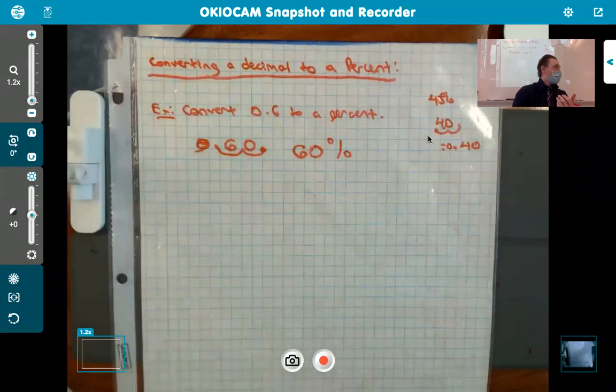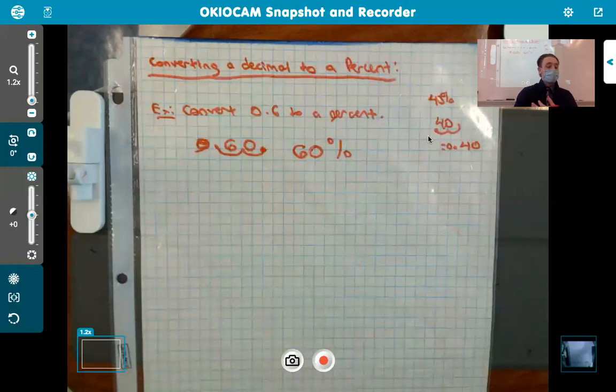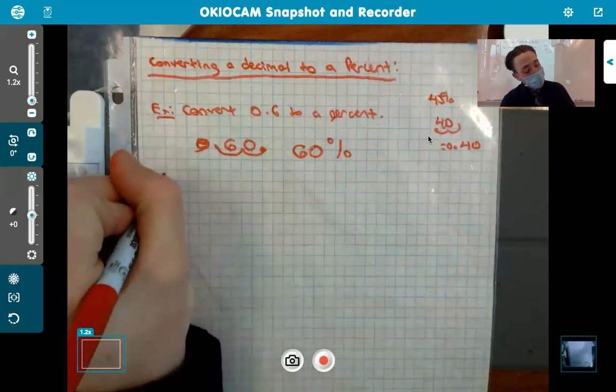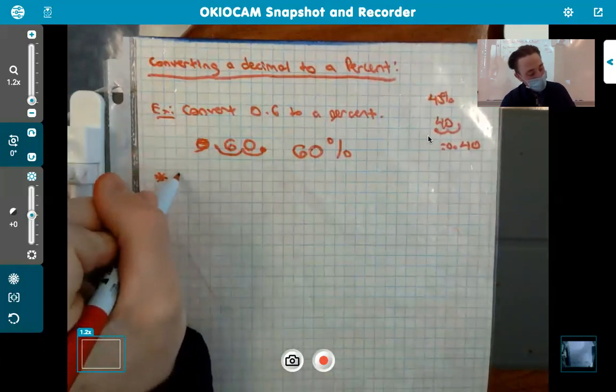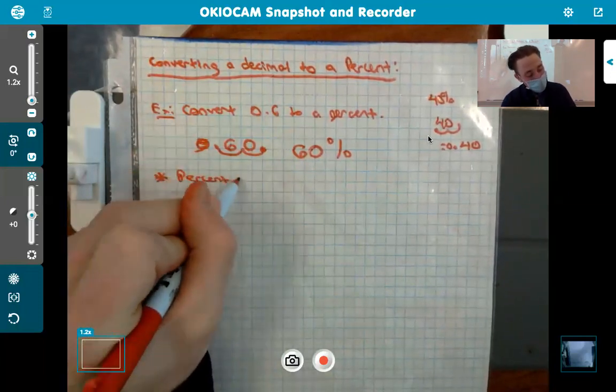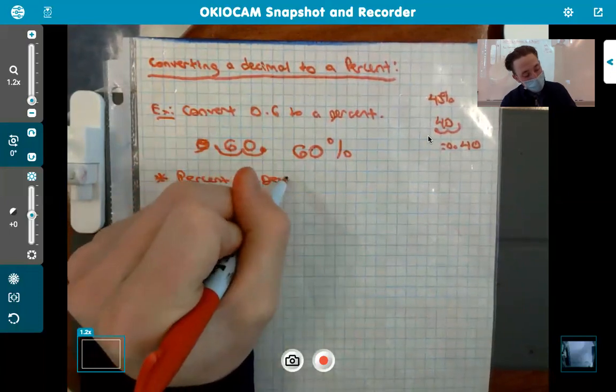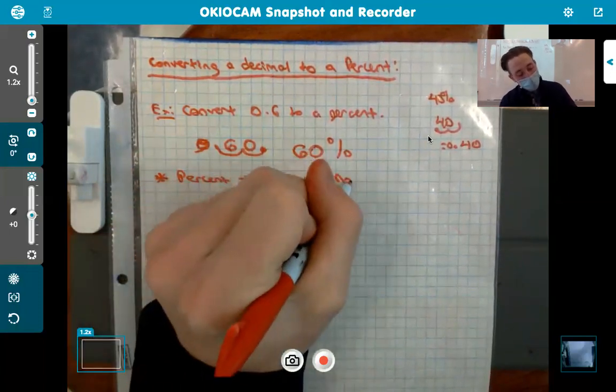Okay. So if we know how to go one way from a percent to a decimal, we should be able to know how to go the other way, decimal to percent. The only thing that's tricky, right, is probably understanding which way you're moving your decimal point. You should probably make a note that when you're going percent to decimal, you move to the left.